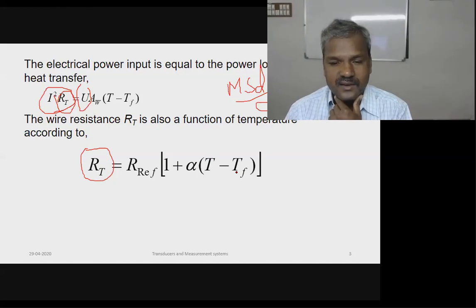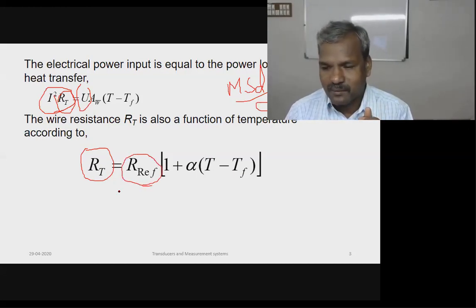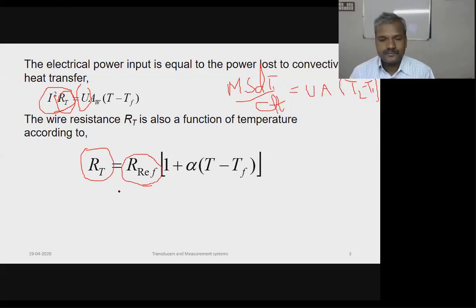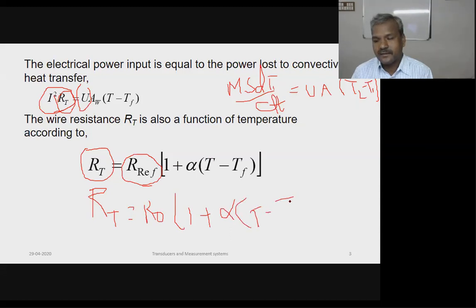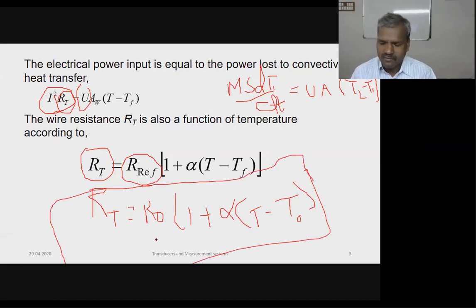To remember this equation easily, just compare with the RTD. What is the RTD resistance? RT equal to R naught into 1 plus alpha T minus T naught. Understand? The same relation holds, because in all metals the resistance temperature relation is the same.